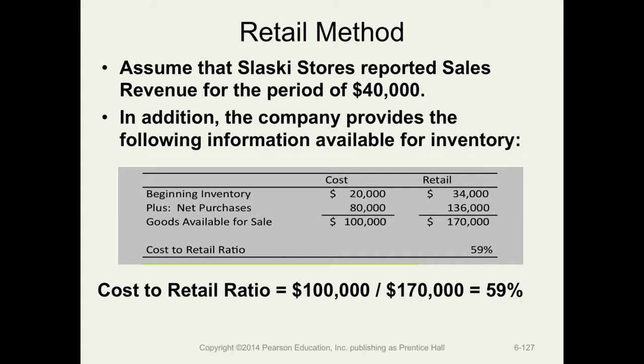In this case, we also know that we've got beginning inventory and net purchases at both cost and retail. And again, the company needs to keep inventory records on both a cost and a retail basis. Goods available for sale at cost is 100. At retail, it is 170, and the cost to retail ratio is 59%.